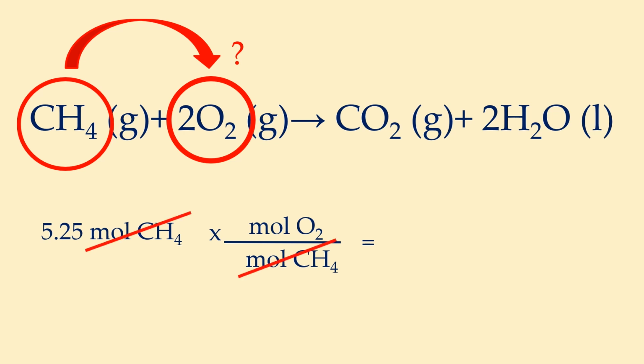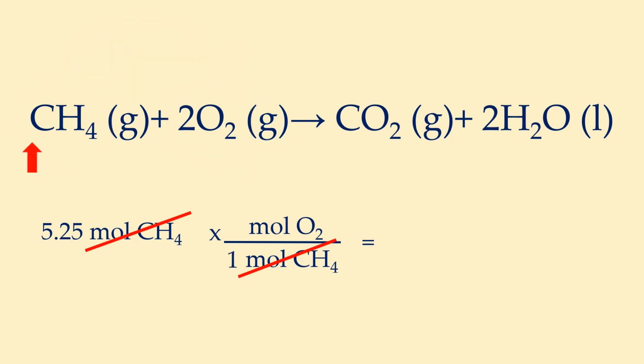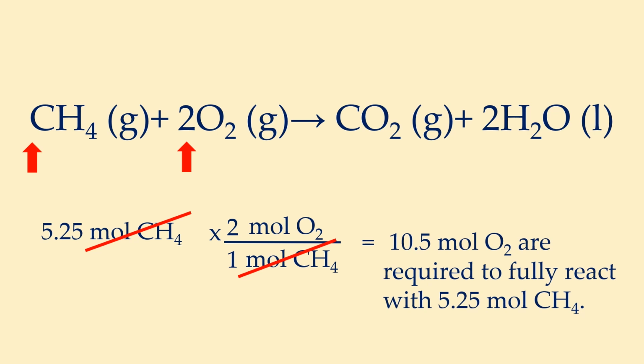The mole of CH4 will cancel. According to the balanced equation, 1 mole of methane reacts with 2 moles of oxygen. And this calculation gives me 10.5 moles of O2 are required to fully react with 5.25 moles of methane.